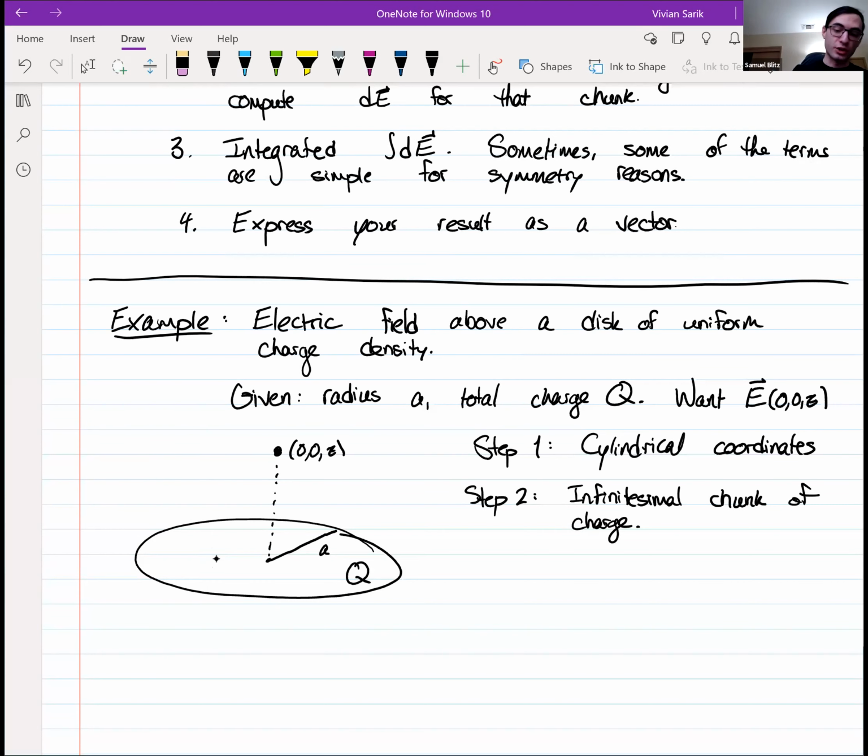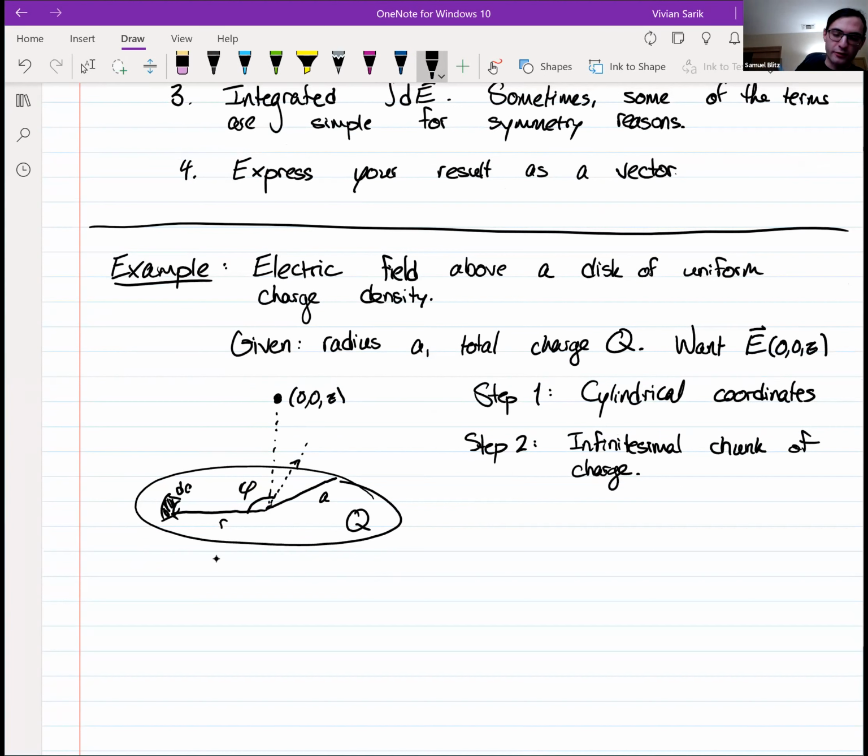So instead, we want to choose a chunk of charge that matches the coordinate system, like this. This distance here, we'll just call r, and the angle, we'll call phi. And this small chunk of charge will have charge dq.